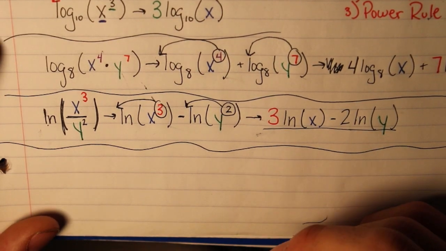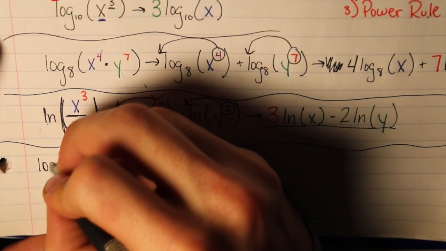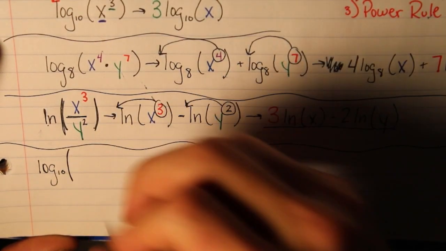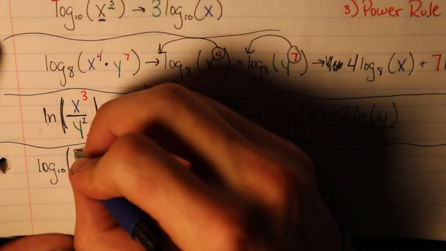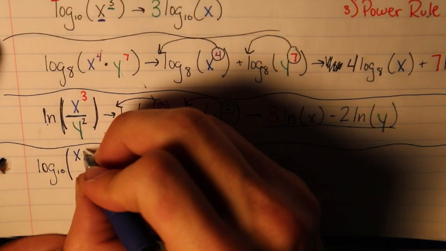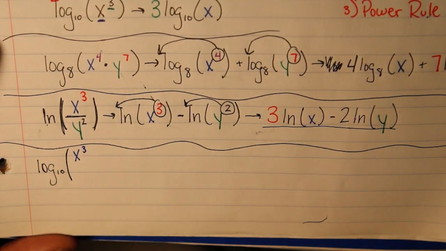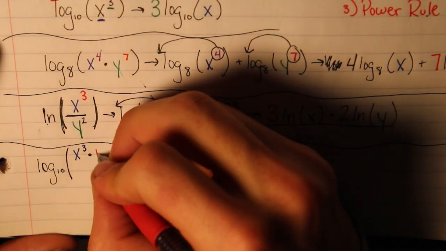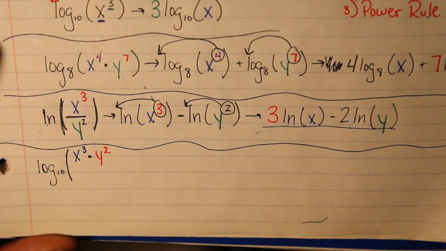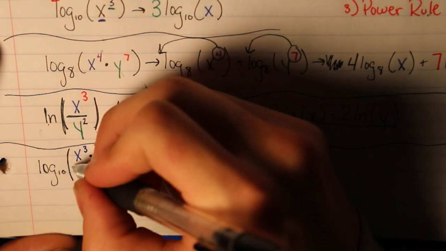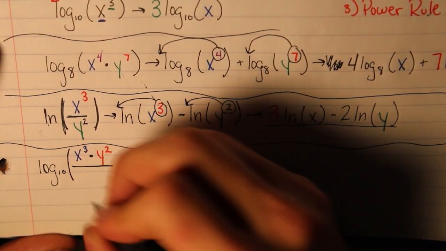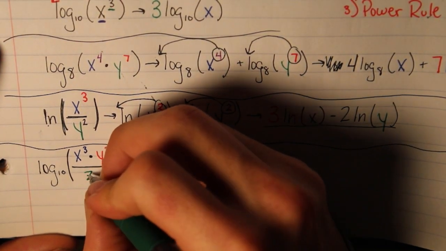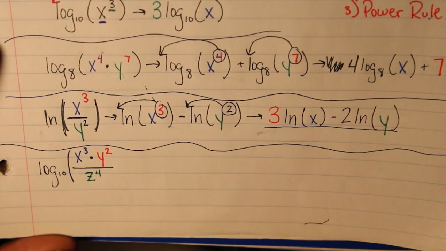Let's try one. Log base 10 of x cubed times y squared all over z to the 4th.